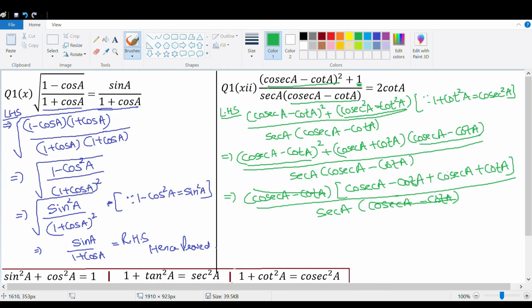Here minus cot A and plus cot A gets cancelled. So what I have is 2 cosec A upon sec A, which is nothing but 2 cot A.